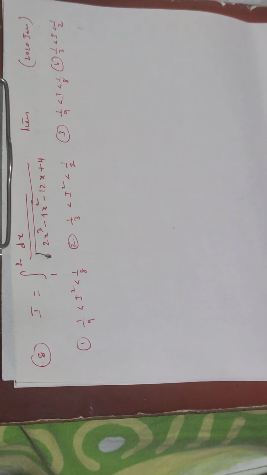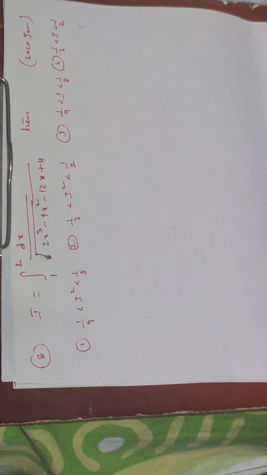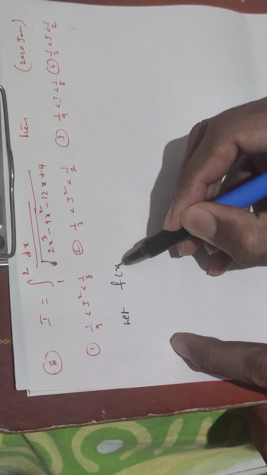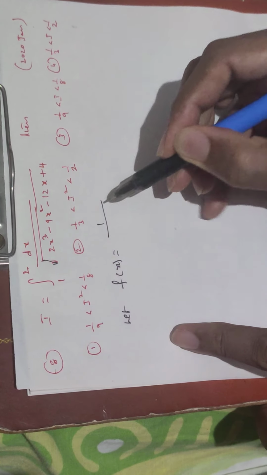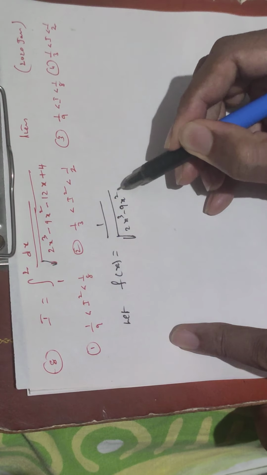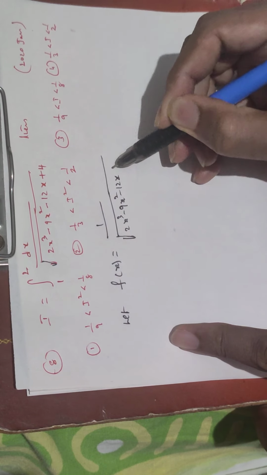I is equal to integral 1 to 2 dx by root of 2x cube minus 9x square minus 12x plus 4. So let us take the integrand as some f of x. f of x is equal to 1 by root of 2x cube minus 9x square minus 12x plus 4.